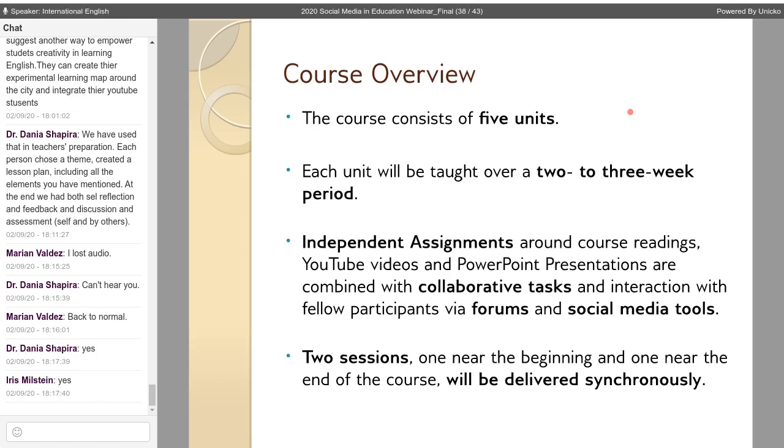So the course, ladies and gentlemen, consists of 5 units. Each unit is taught over 2 to 3 weeks. This is a 14-week course. It includes independent tasks around YouTube videos and PowerPoint presentations, combined with collaborative tasks where you interact with other course participants via the course social media tools to complete the assignment.